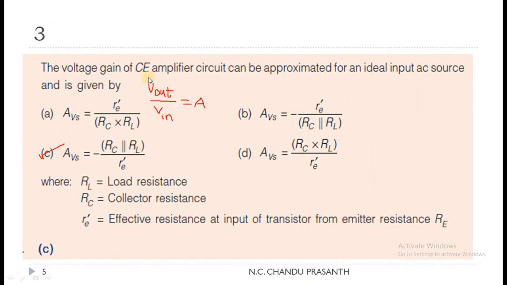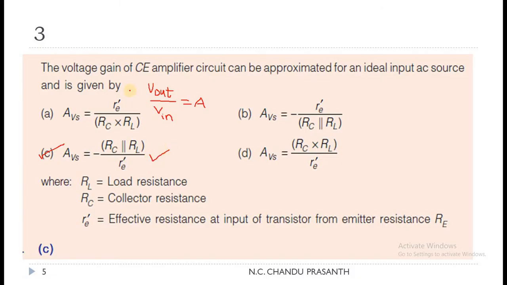The voltage gain of a CE (common emitter) amplifier circuit can be approximated for an ideal input AC source and is given by what? We have to find the voltage gain of a CE amplifier. Gain is denoted with A, that means we have to find Vout by Vin. What is the correct option? Here it is option C: Avs equals minus (RC parallel with RL) by RE dash.